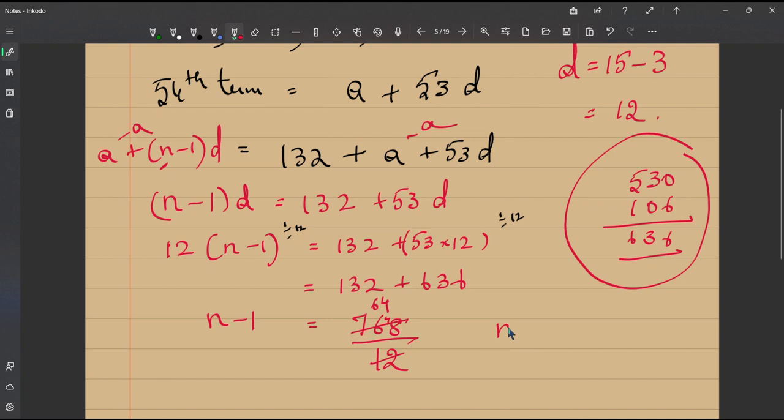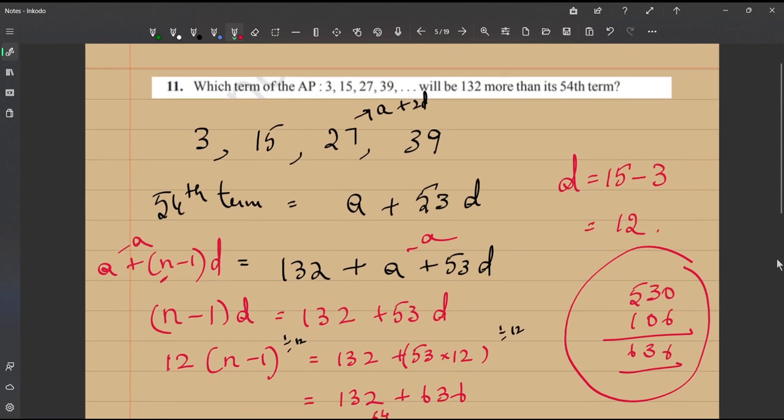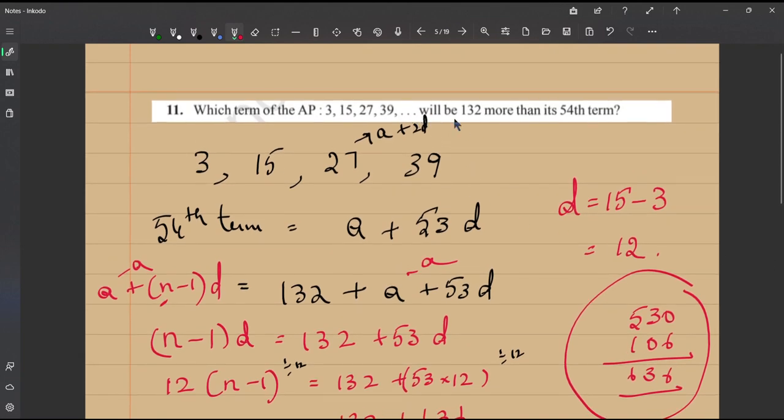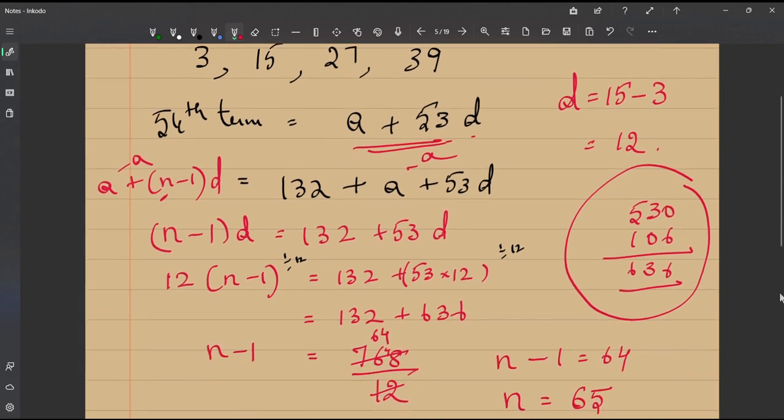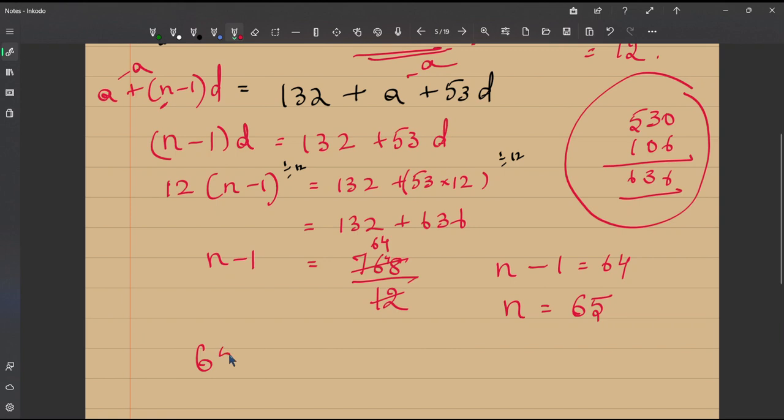So your n minus 1 is equal to 64, or n is equal to 64 plus 1, 65. So the 65th term will be 132 more than its 54th term. So your answer is 65th term would be 132 more than its 54th term. I hope this is clear to you. Thank you.